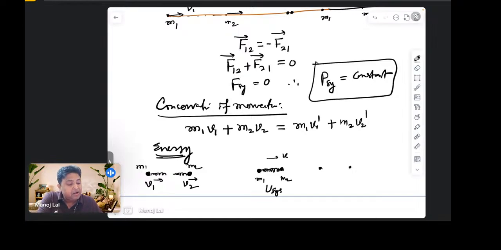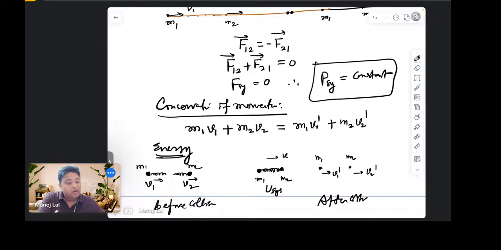And then again after collision, this is before collision, and this is after collision. Again, this will have the velocity say v1 dash, and this will have v2 dash.